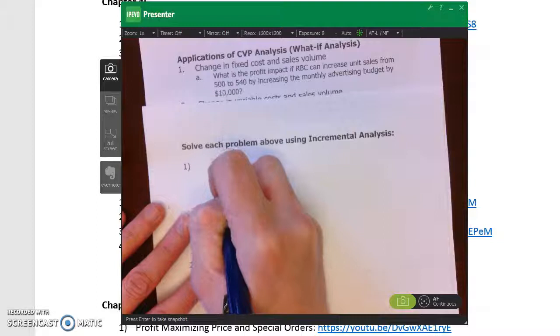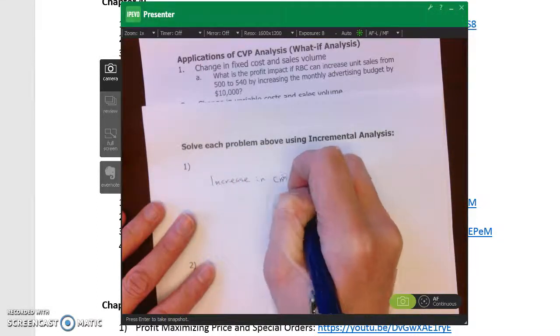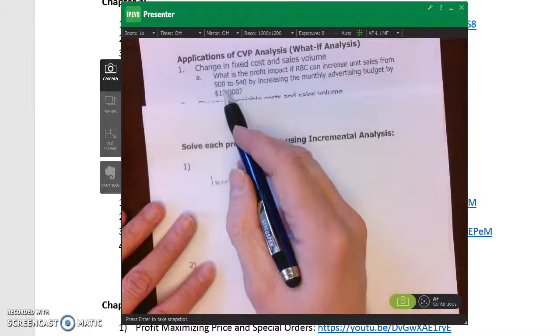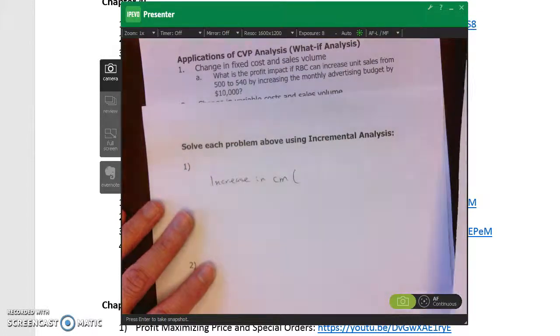So in this case, I have an increase in contribution margin, which is equal to our 40 bikes, because we sold an additional 40 bikes, and we don't see anything about our sales price changing. We don't see anything about our variable expenses changing per unit.